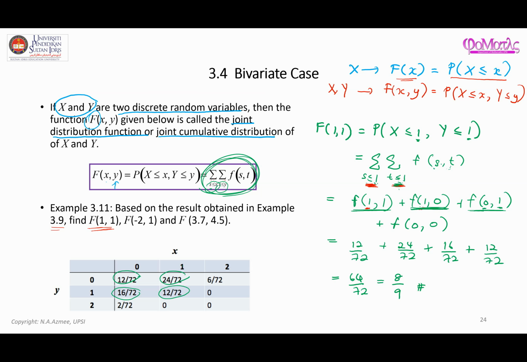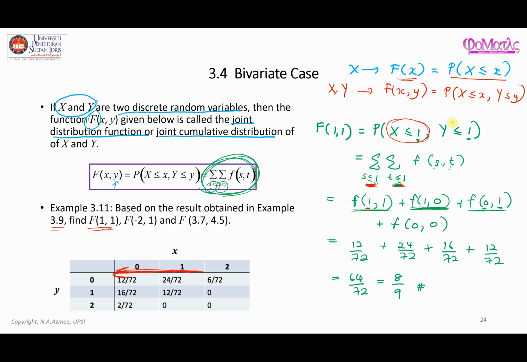Another way of trying to solve this is by looking at the table and considering which area corresponds to the value of x being less than or equal to 1. For example, this is the area where x is less than or equal to 1, so this area going in this direction.